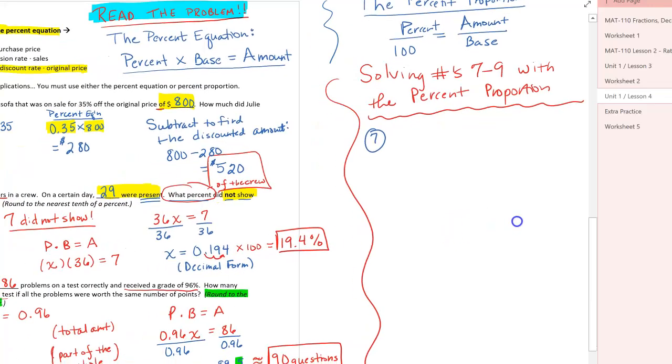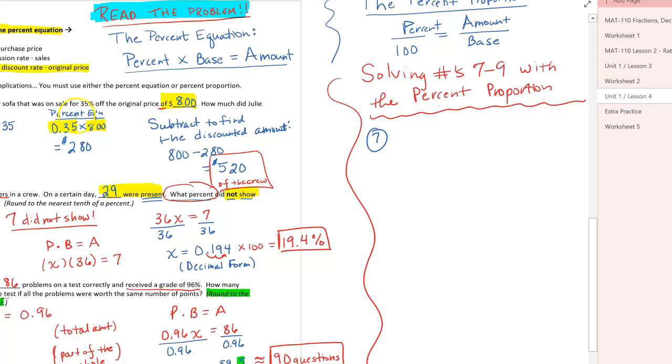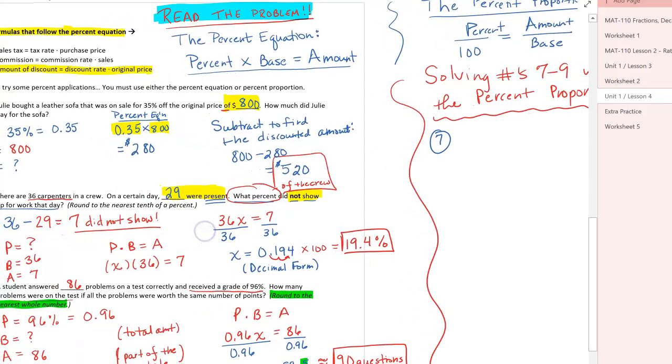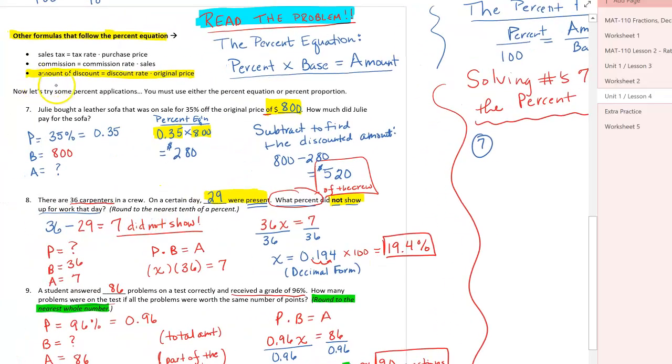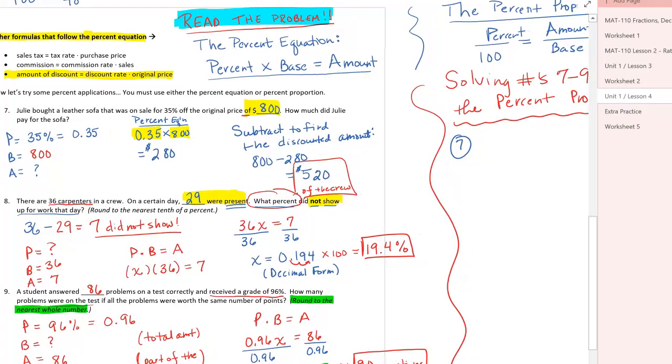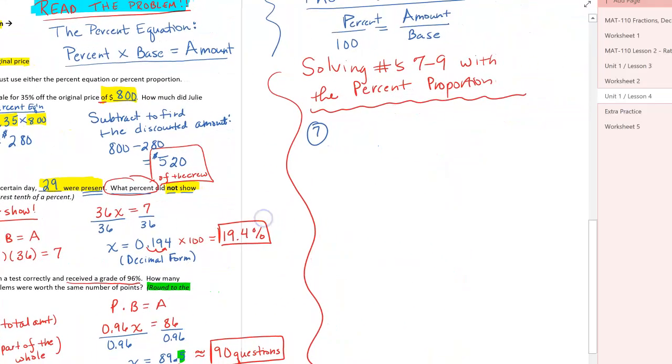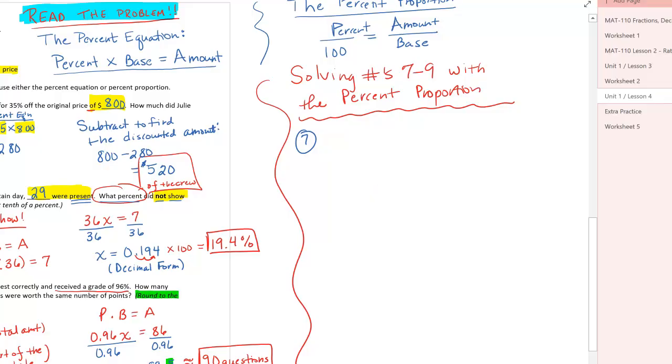So in this problem, if she is getting a discount, it's 35% off the original price. That is an example up here of the amount of discount is equal to the discount rate, which is 35%, times the original price. But in this case, we're going to use a percent proportion. So we want to figure out 35% of 800.